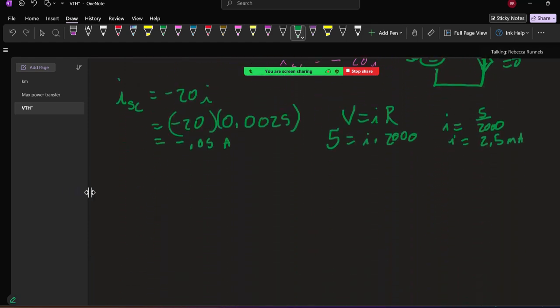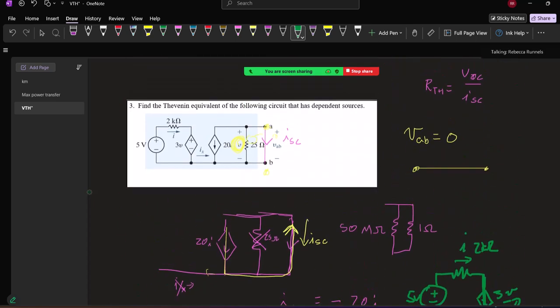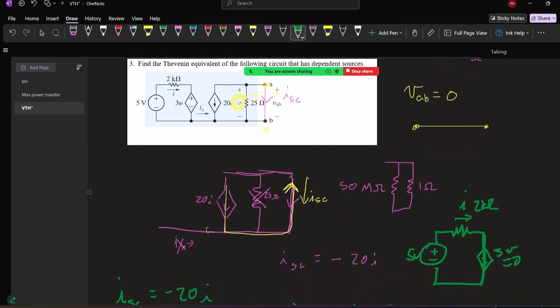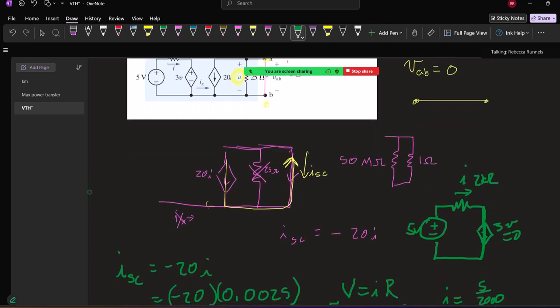Okay, so R Thevenin equals V Thevenin over I short circuit. Now V Thevenin for this one was, did I find V? What was it? Negative 5?